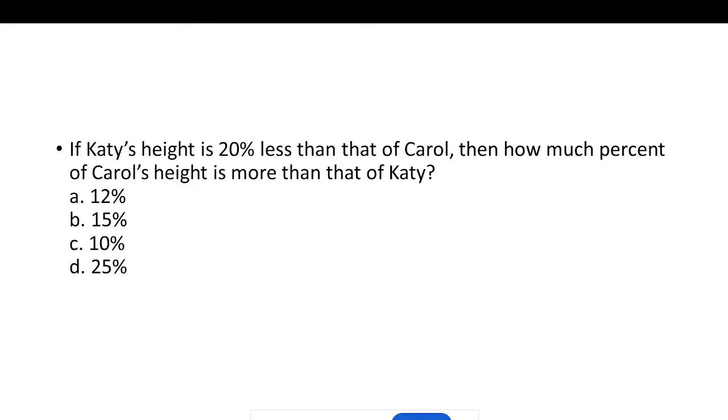If Katie's height is 20 percentage less than Carol, then how much percentage is Carol's height more than Katie's? I hope I already explained this concept. If you want to identify this one, if it is less first, then you have to identify more.